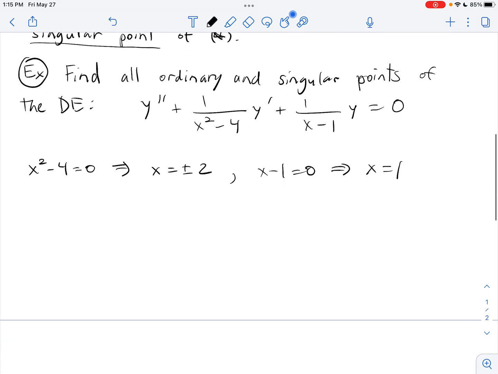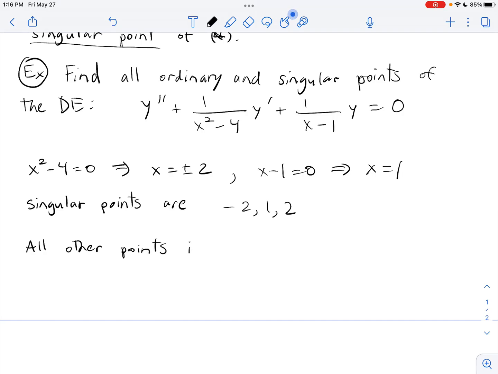And so that tells us that the singular points are negative 2, 1, and 2. And what about the ordinary points? Let me write it this way. All other points in R are ordinary.